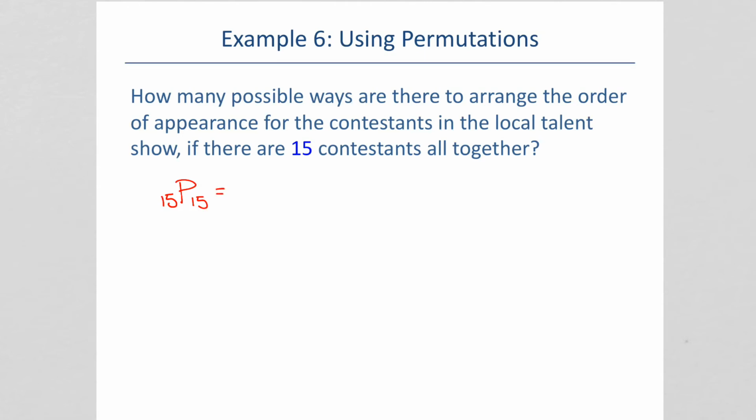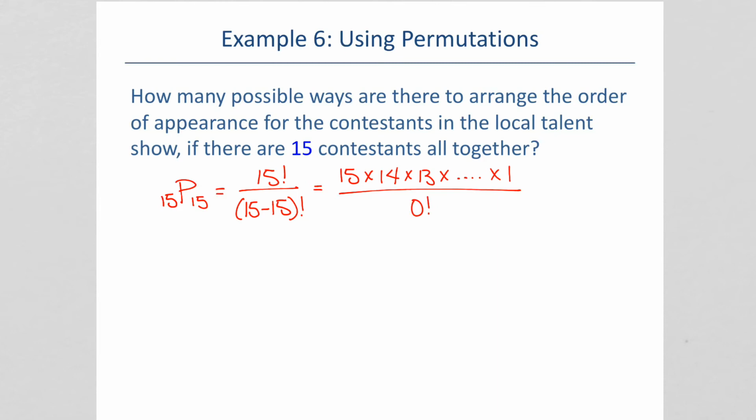So that would be 15 factorial over 15 minus 15 factorial. So on the top, you've got 15 times 14 times 13 all the way to times 1. And on the bottom, you just have 0 factorial, which is 1.